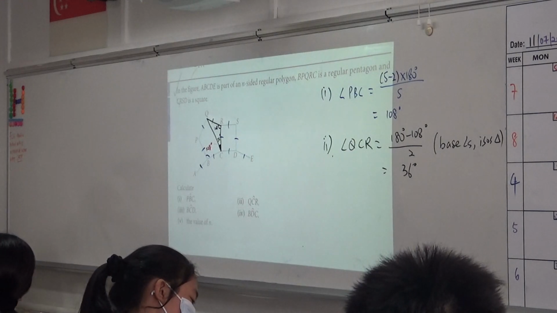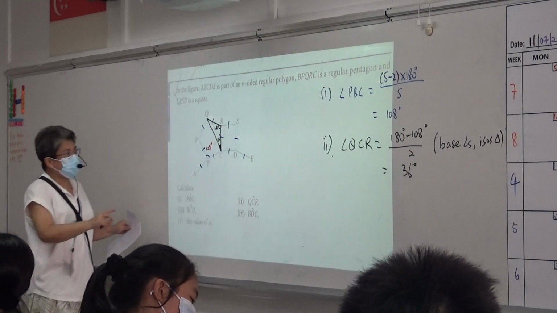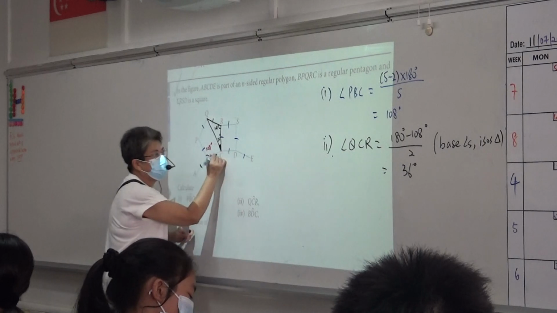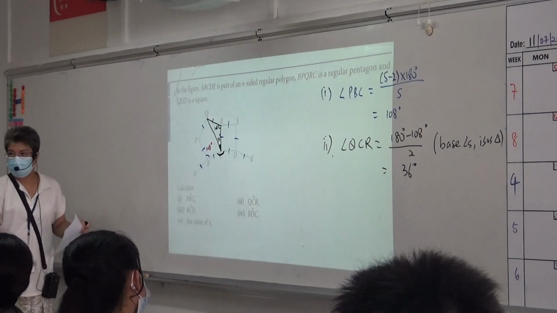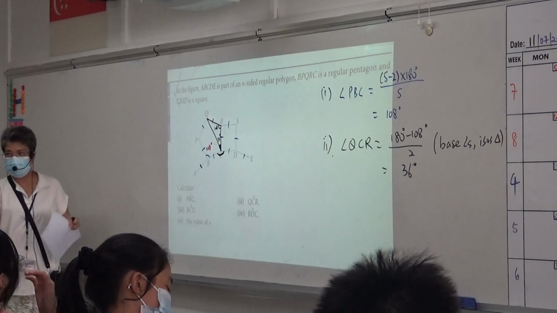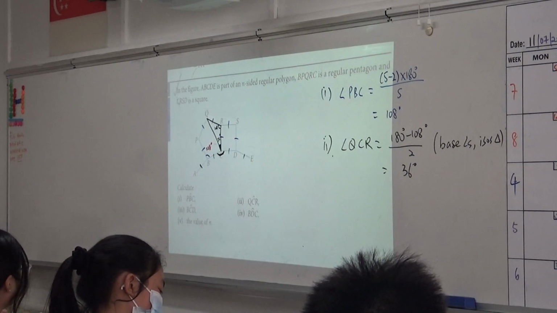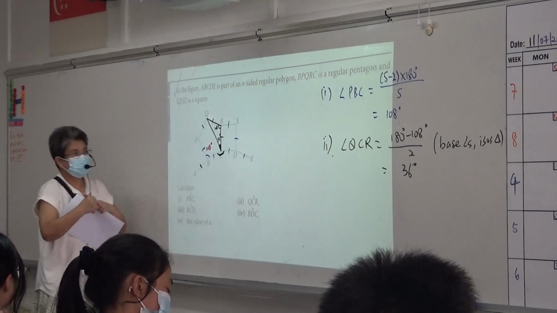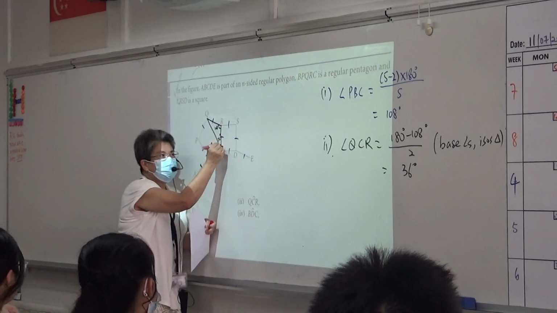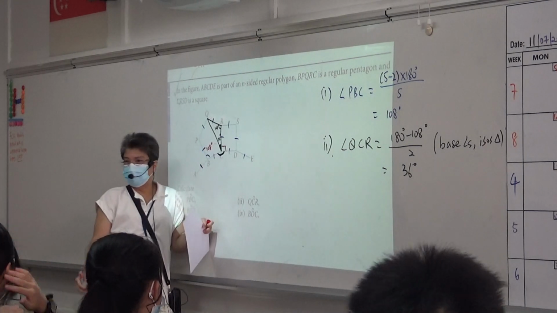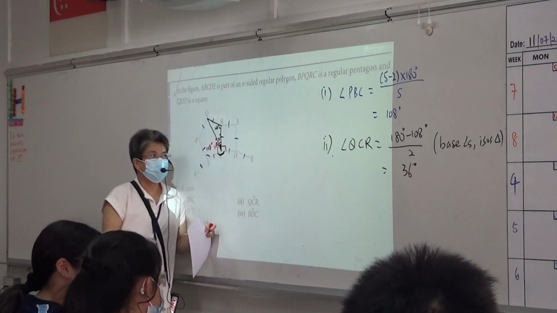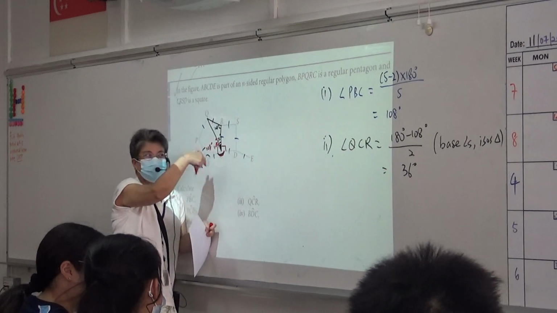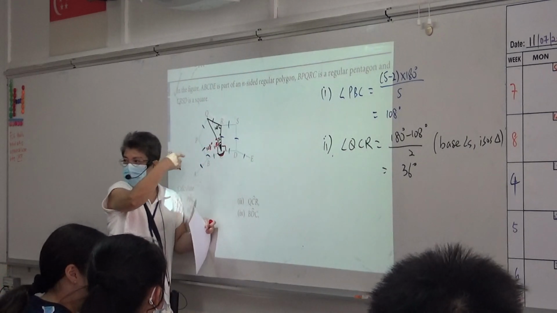Now, part 3. You want angle BCD. Now, BCD is this one. Correct? Okay, now actually it's very simple. This one you don't even need anything. All of you look up. Do you agree this is 90? Yeah, because it's a square. This whole thing is what? 108, right? Plus this, it will be angles at a point.